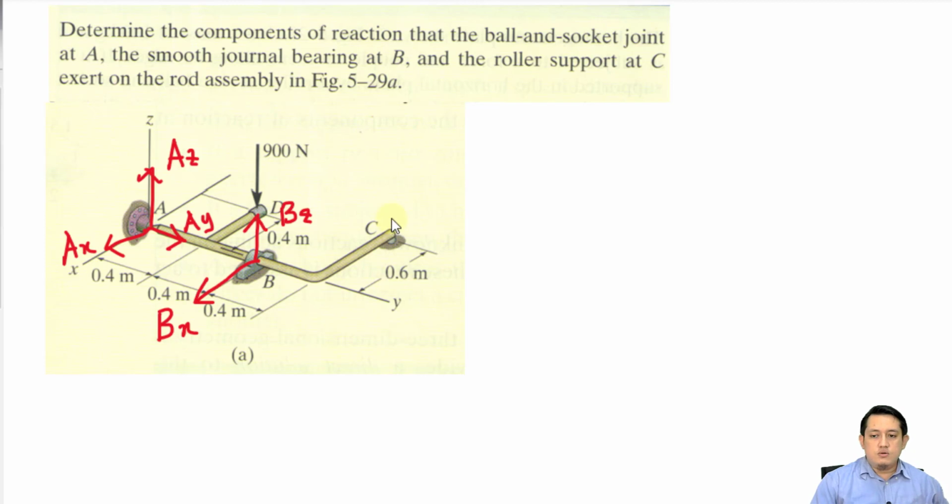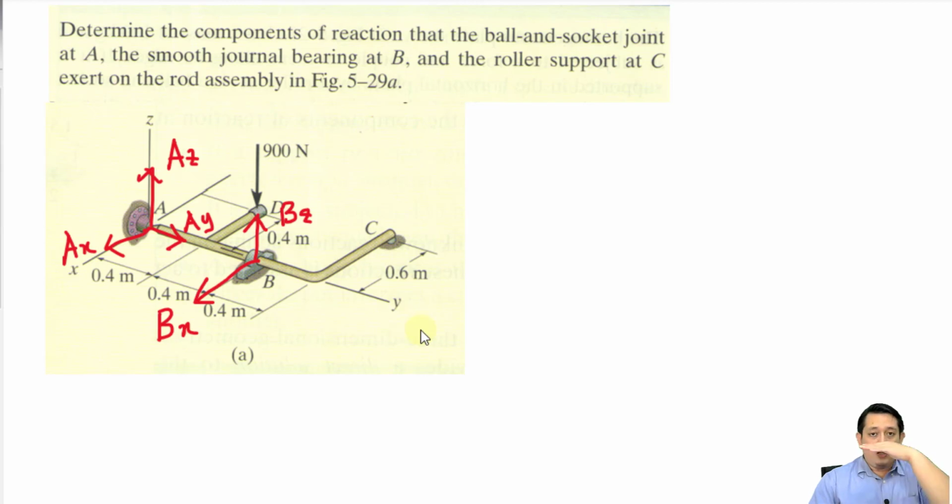So let's look at point C. At point C here, because this is a roller, you can move it freely in this direction, meaning X okay, Y okay. But we cannot push the rod downwards. Correct? Because this is a roller, we cannot push this rod at point C here downwards.